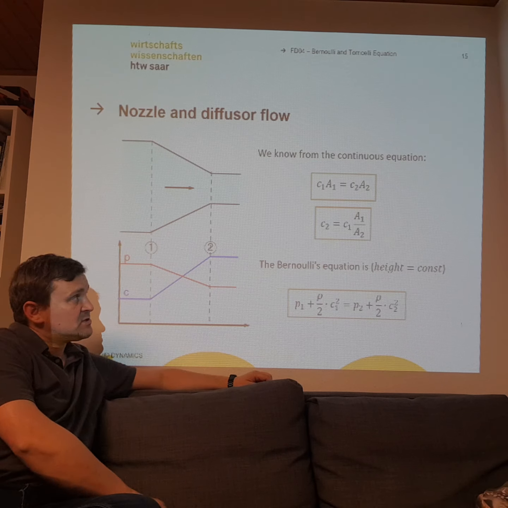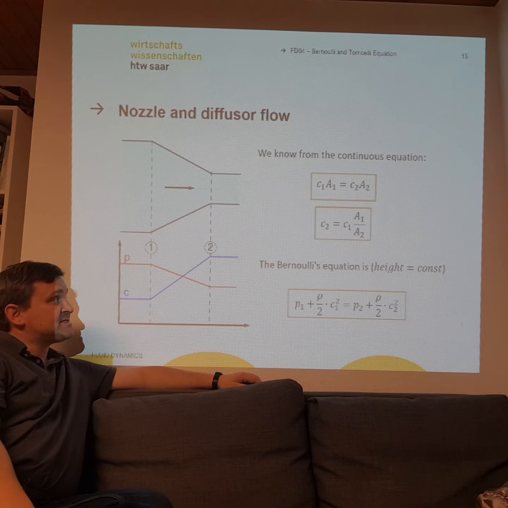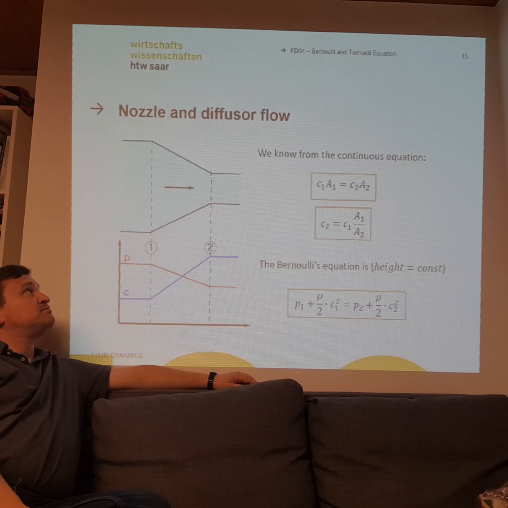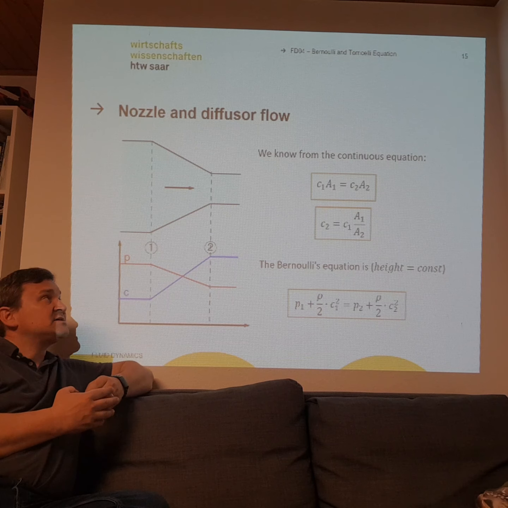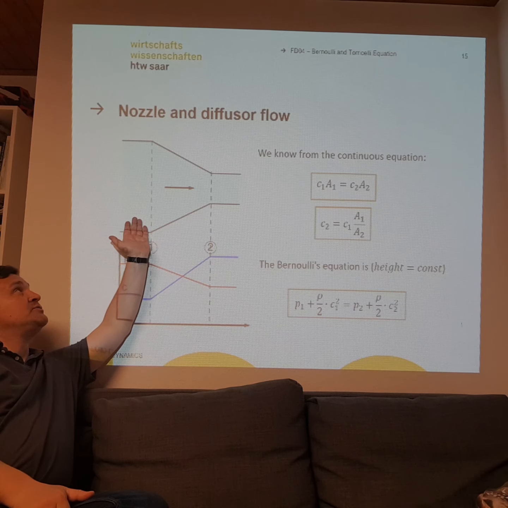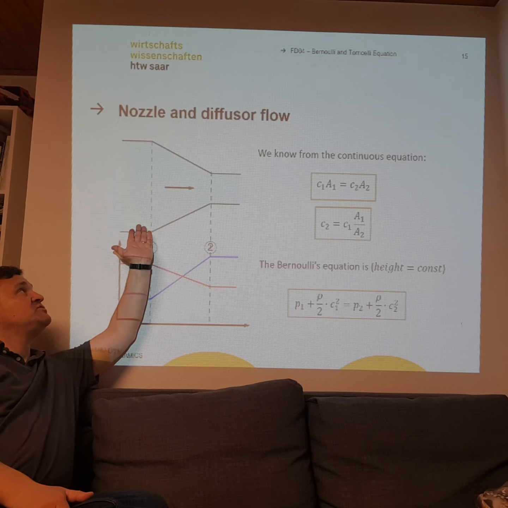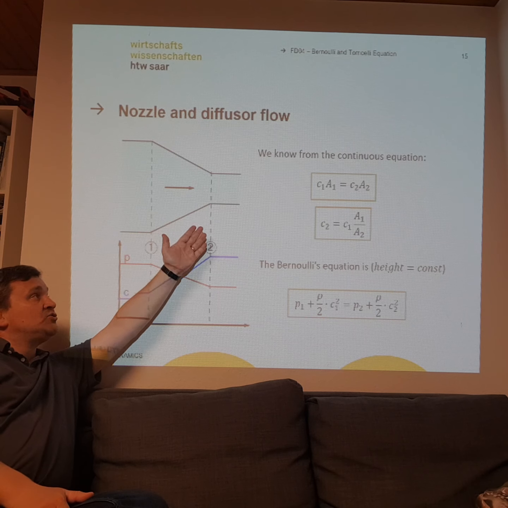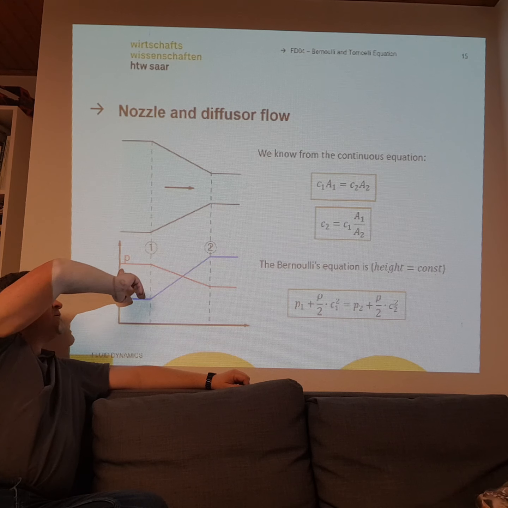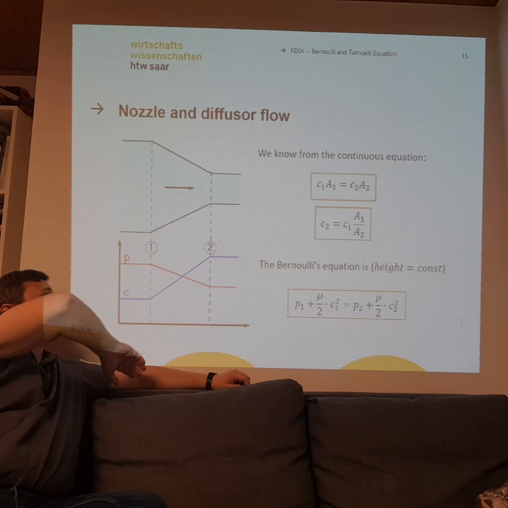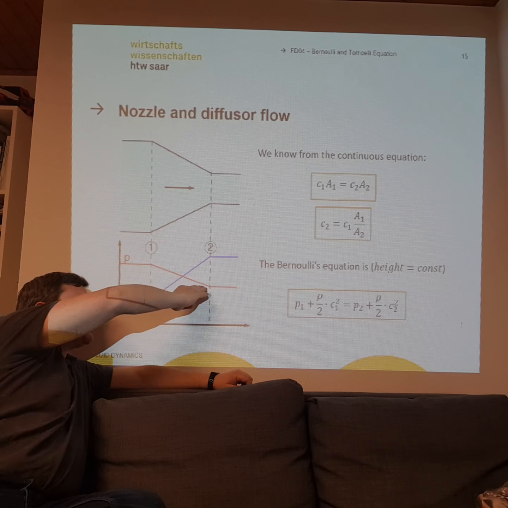Okay, here it's the same. I like to explain it also a bit in a different way to make a better explanation. Here you have our nozzle or diffuser flow, you have a big area, you have a smaller area, and what happens if in this system, in this nozzle, your pressure goes down.